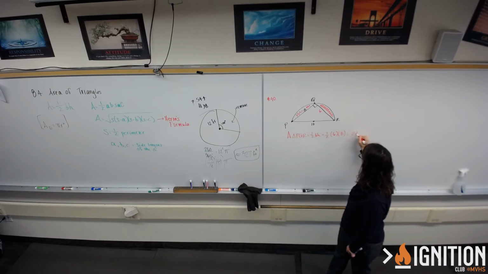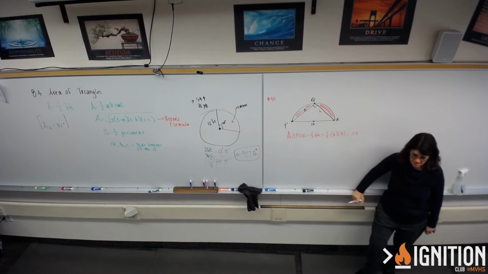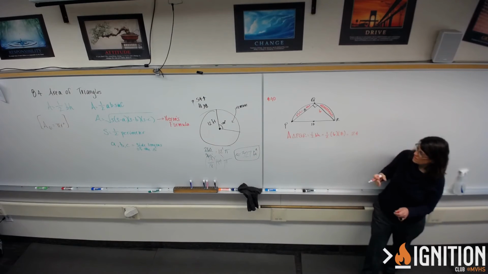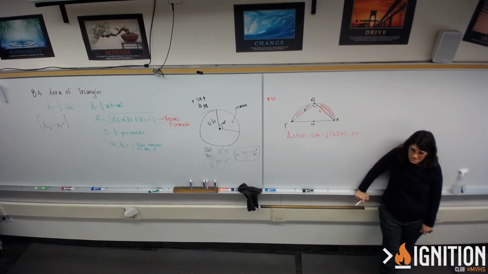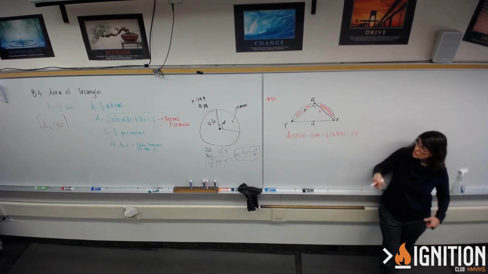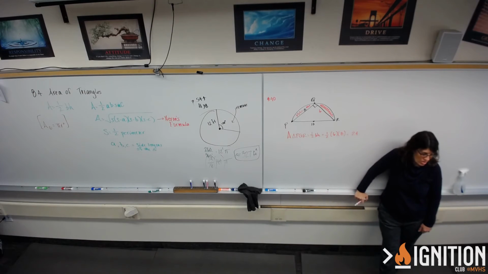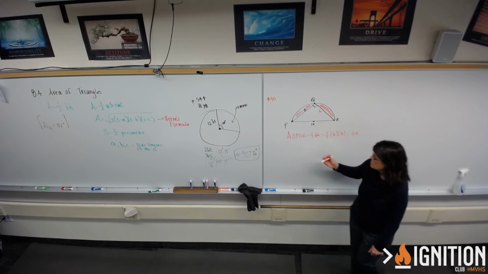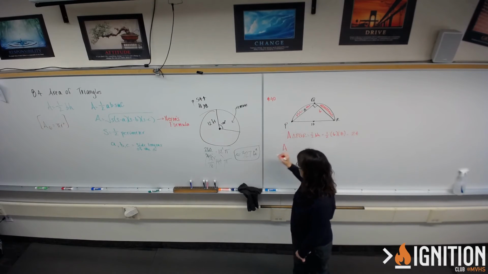It's 24. They don't give me any units. Great, there's the triangle. I need to know the area of the circle. It's half, and take out the triangle. So yes, it's half of a circle. So what's the area of a circle? See, it's a good thing to keep that off to the side.